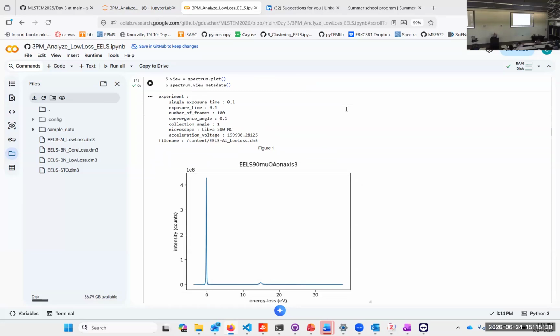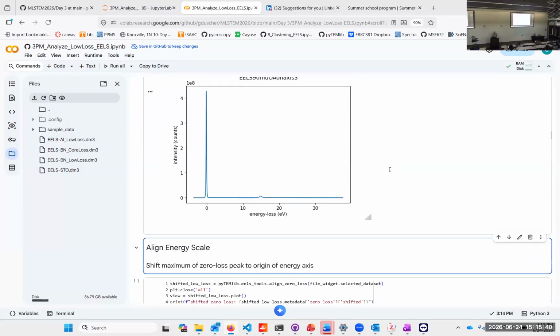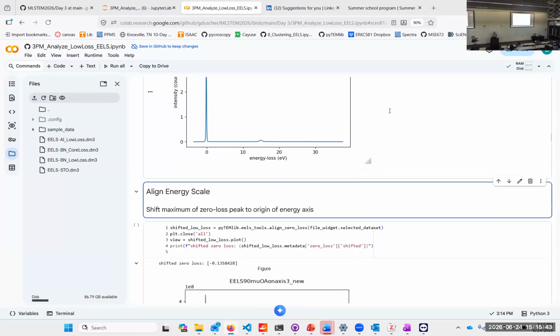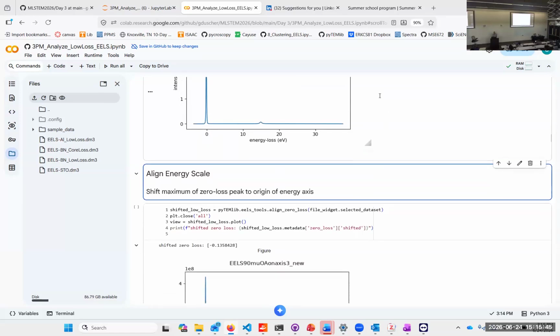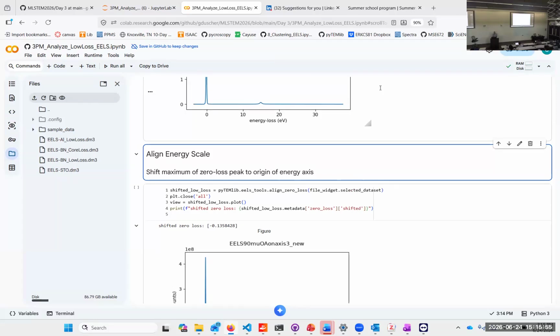Now, this one was actually done in the Zeiss, sorry, and it was 200 kV, and it still didn't know anything about the collection and convergence angle. So it was highly parallel beam, and it was a very small collection angle. So we have about 1 milliradian. Actually, I did some angle resolved EELS with that. So this is just the center one.